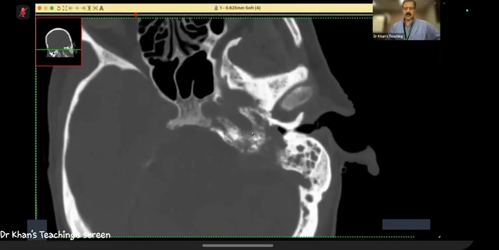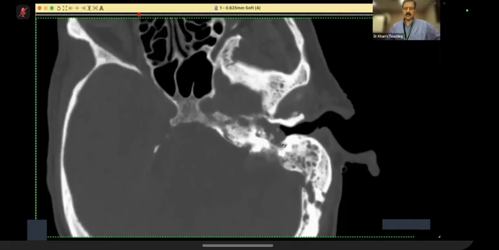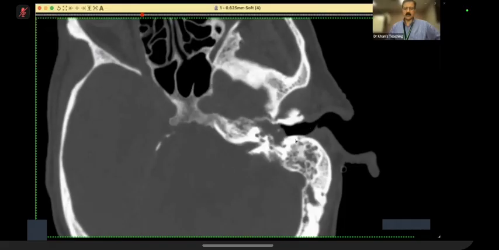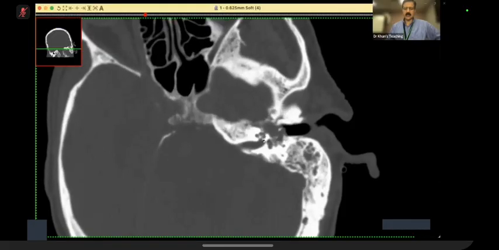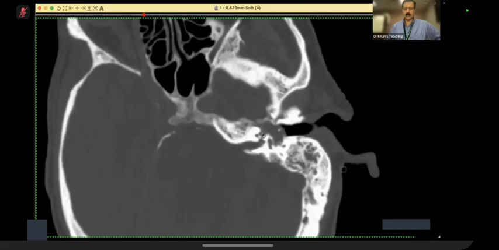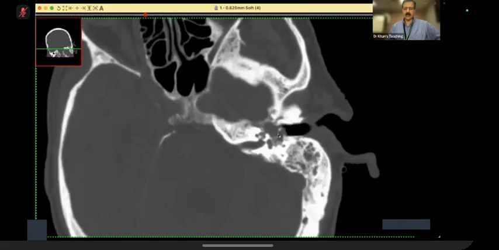As we go slightly superiorly, we can see the middle ear cavity, this is the external auditory canal. It is all filled up. This is the tumor. And you can actually see this connection between the cochlea and the middle ear cavity. And that was a key finding. This patient had a lot of dizziness and tinnitus, loss of balance.